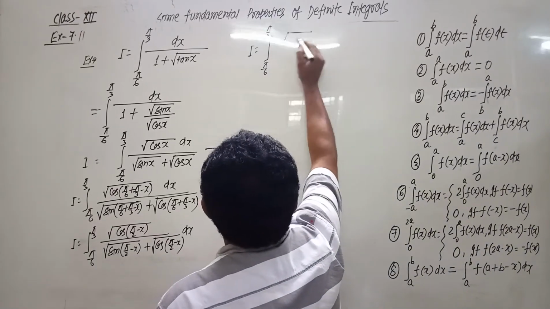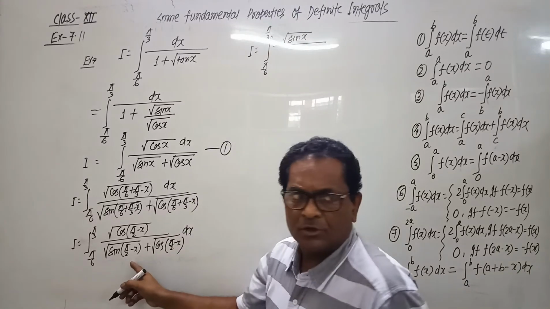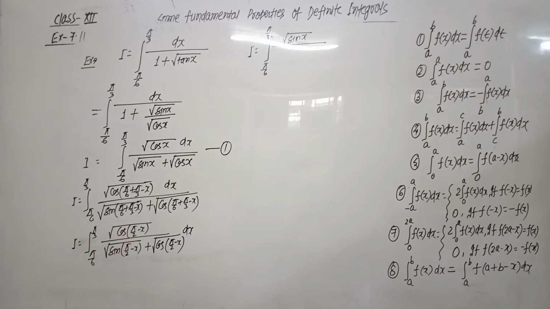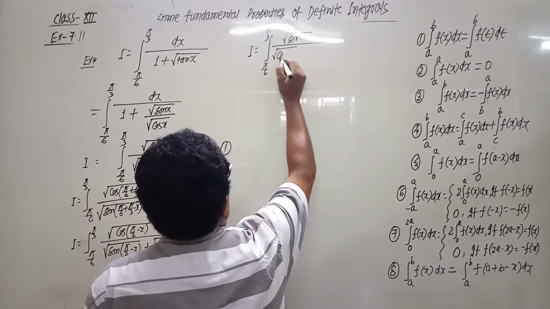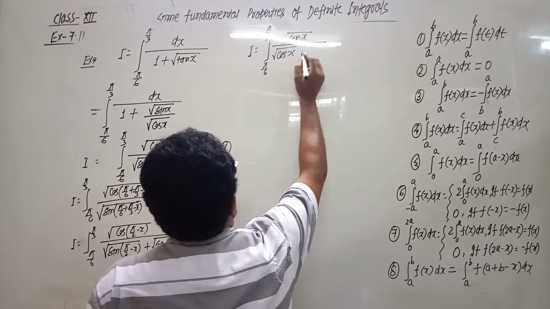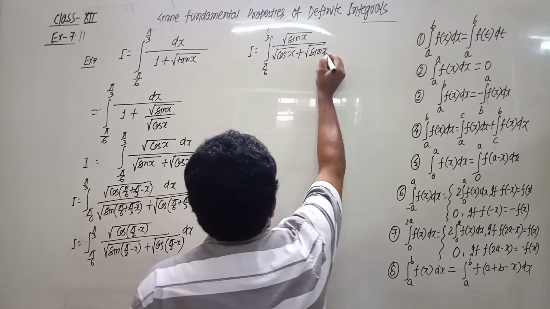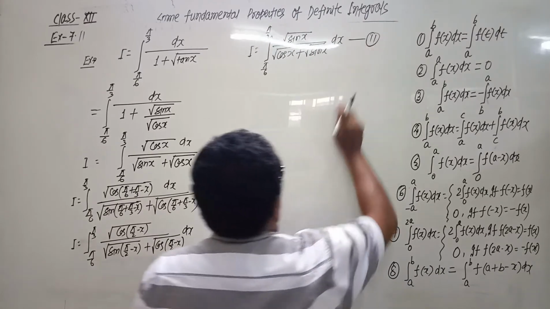The denominator root of sin(pi by 2 minus x) becomes cos x, since sin(90 minus theta) is cos theta, plus cos(pi by 2 minus x), which becomes sin x, dx. Name it second equation.